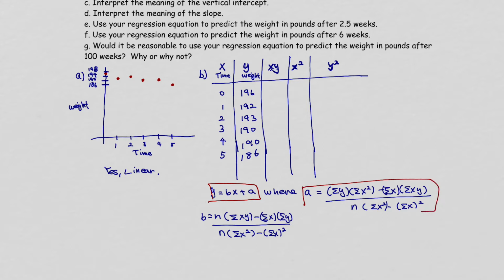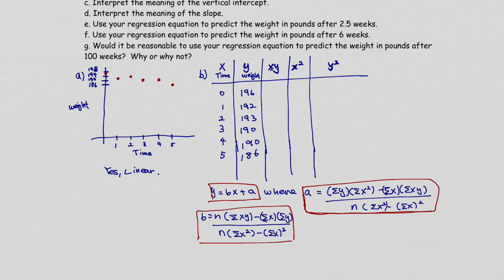The a part, which is the vertical intercept, is going to be this formula. B, which is your rate, or slope, is going to be from these formulas. So using those two formulas, we should be able to find linear equations.